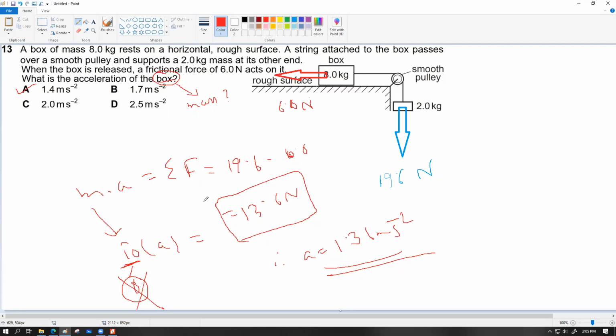Because as the 2 kg object is going to move downwards, this box is going to start to move to the right. So this one's frictional force is going to start working to the left. So these two forces are in opposite direction compared to each other on this connected body of box and mass. But they're not exactly in opposite direction because we have a pulley involved here. The purpose of the pulley is to make a change of the direction of the force.